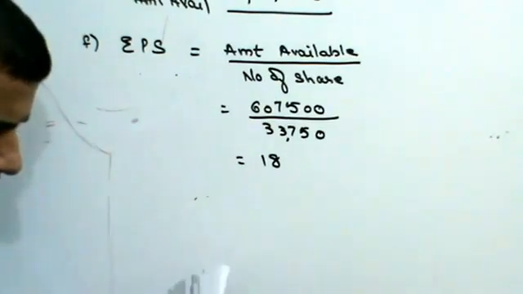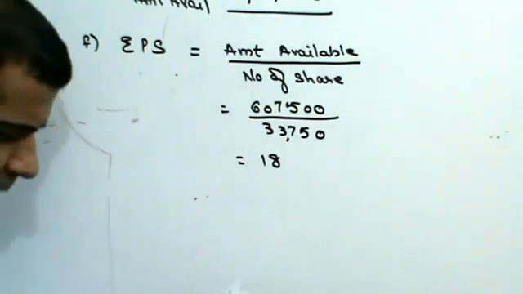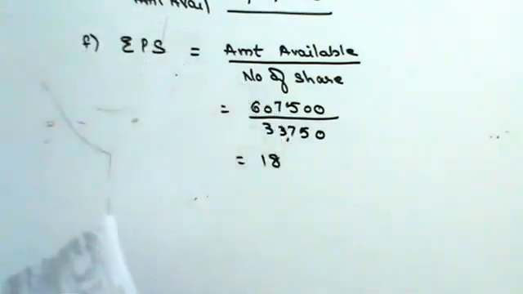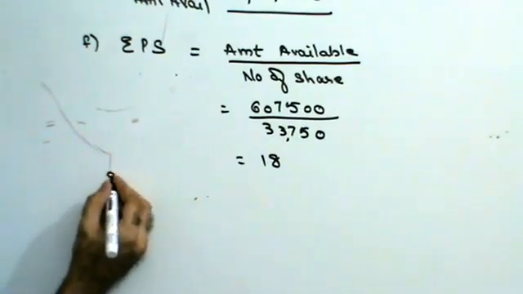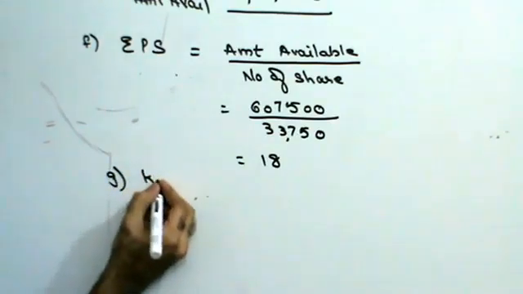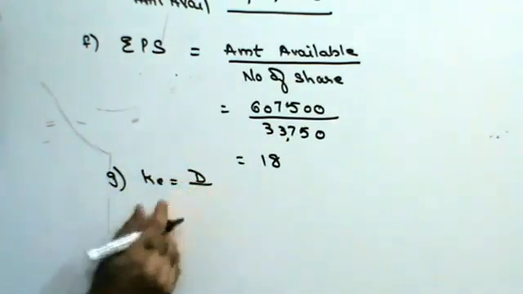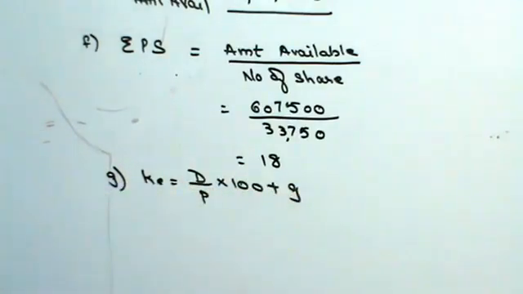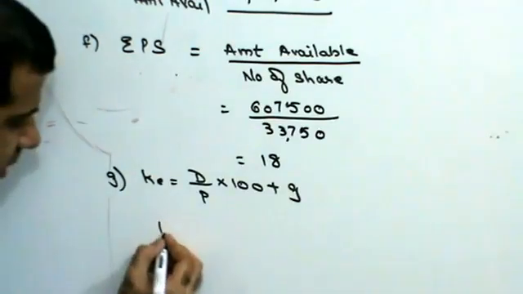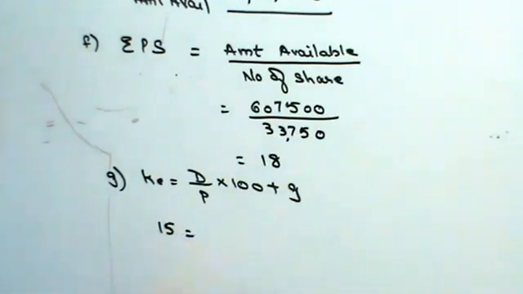Now once I have the earning per share, then I can find out the market price of the equity, which they have also asked you to find. We know that cost of equity is dividend per share upon market price per share into 100 plus growth. Cost of equity is given to you in the sum as 15.